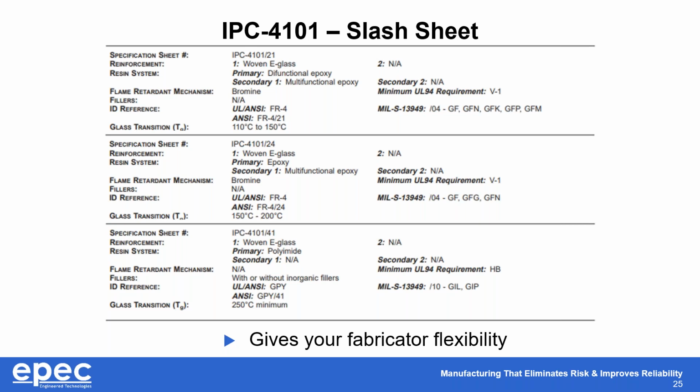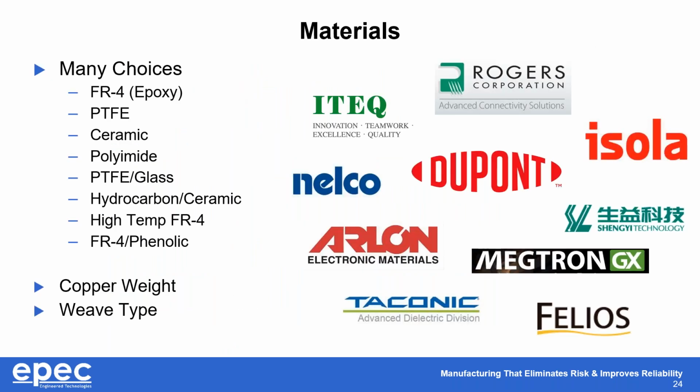So if you specify IPC 4101/21 as the material that you want, all of the material manufacturers are putting that slash number on their data sheets. So you can go to the data sheet and look, and many products will fit more than one slash number.